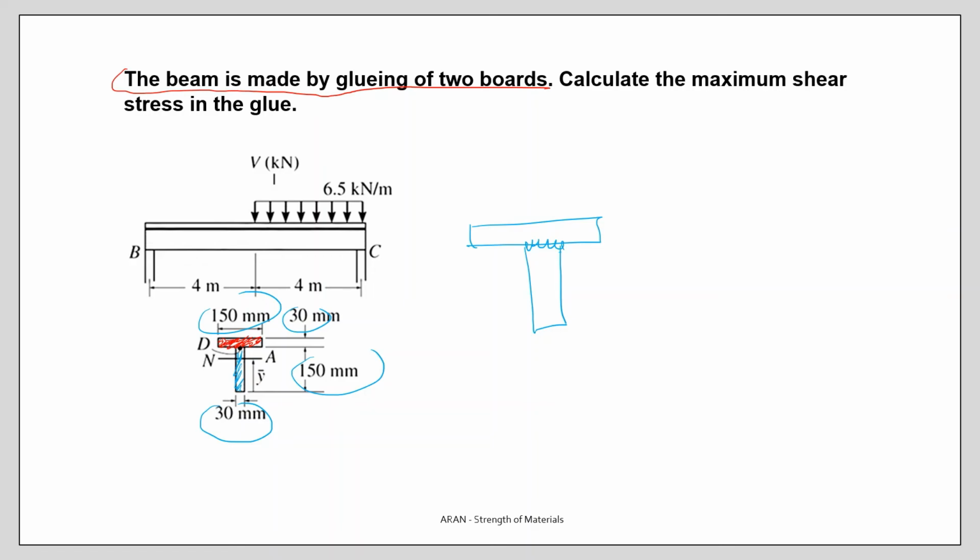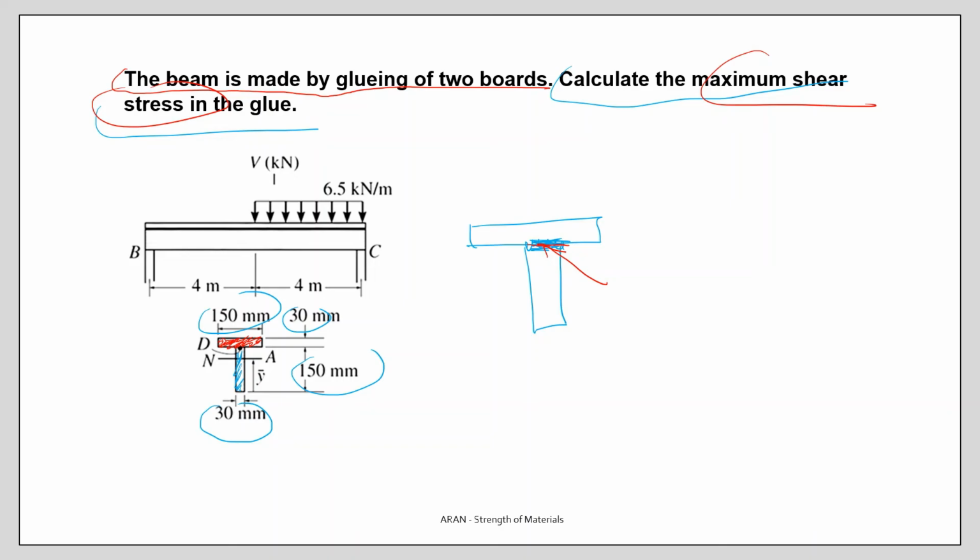So calculate the maximum shear stress in the glue. Okay, this glue must be strong enough. So when there is a shear force, there will be a shear stress in this section. Well, the glue must be strong enough to withstand this maximum shear stress, and the problem wants us to calculate this value.